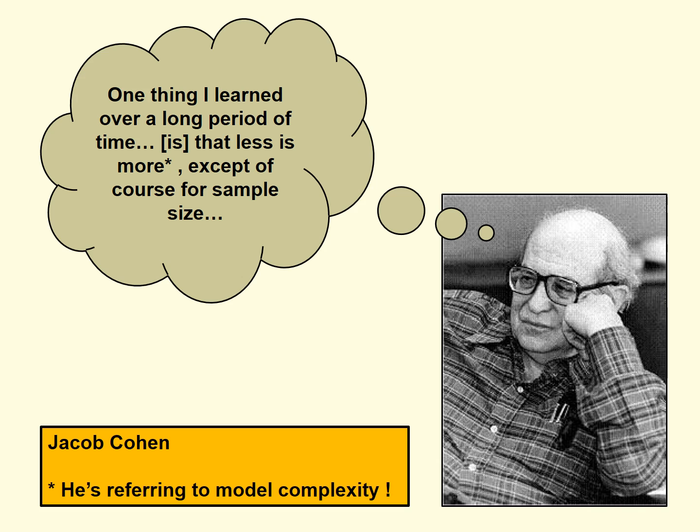In one of his papers, reflecting on the things he's learned over the years, he says, one thing I learned over a long period of time is that less is more, except for sample size. And by the way, the less is more he's referring to is the idea of having simple models, models which are relatively parsimonious. But he says, it's good to be simple, it's good to be small, except in sample size, which should be big. And I couldn't agree more.